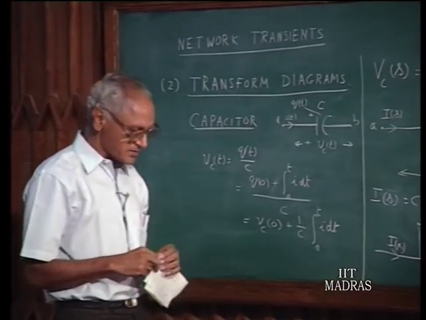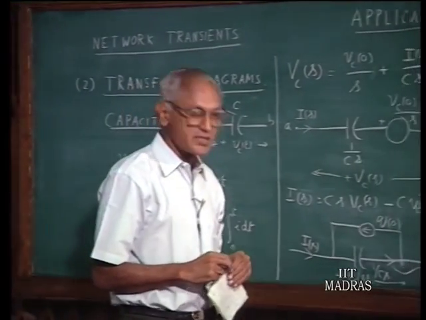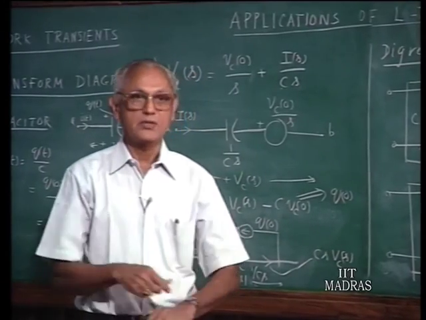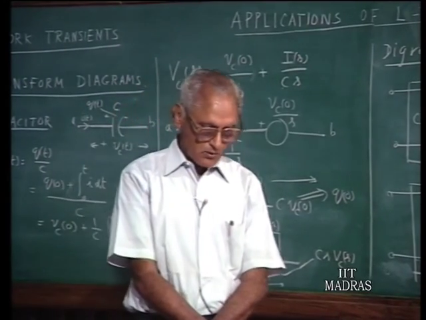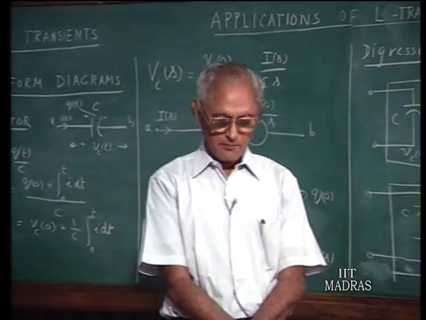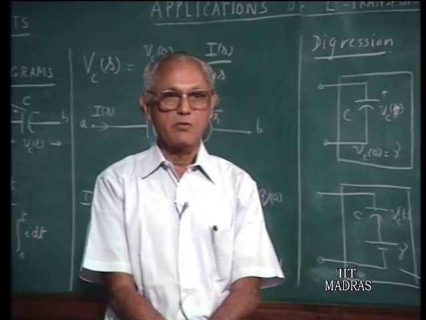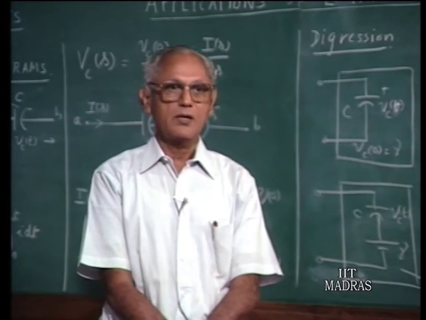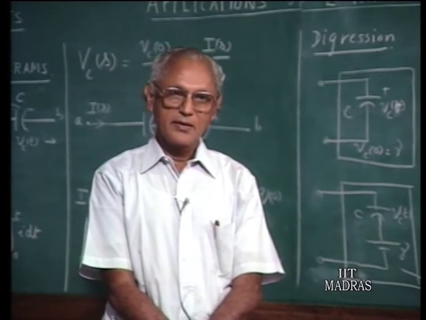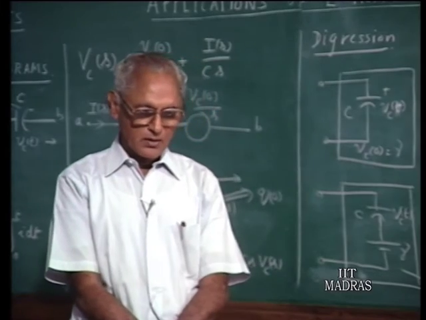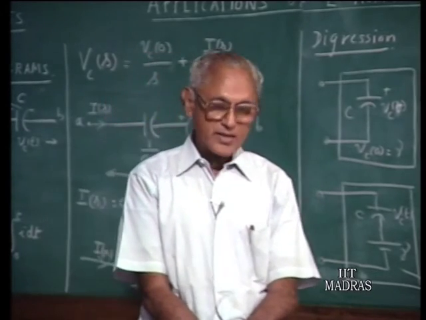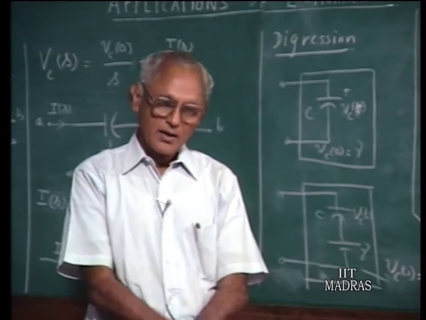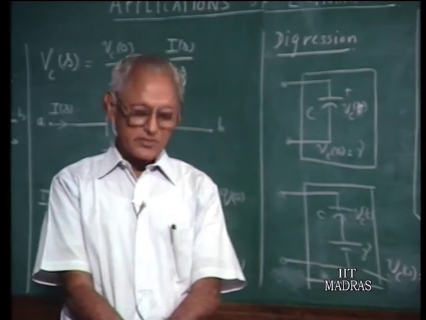These generalized impedances are, after all, extensions of the impedances that we have in the AC circuit analysis. We know that in AC circuits, 1 over j omega C is the impedance of a capacitor, and j omega L is the impedance of an inductor. Here, instead of j omega, we have s. In AC circuits, we are thinking of an excitation function which is e power j omega t, and it is on that basis we have derived the impedances.